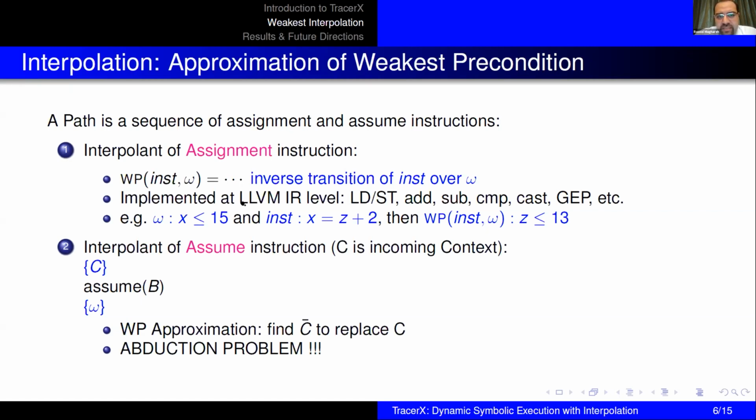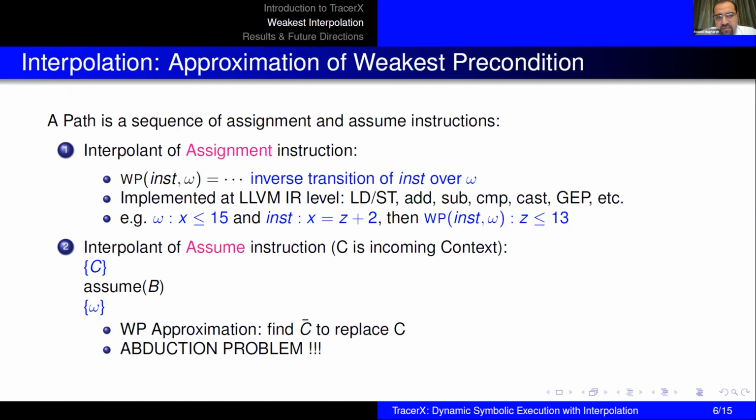We have implemented this at the LLVM IR level for the different classes of LLVM instructions, but I don't have time to go into the detail. I will just give an example. Assuming that the postcondition is x ≤ 15, and the instruction is this one, then the weakest precondition that we compute would be z ≤ 13.